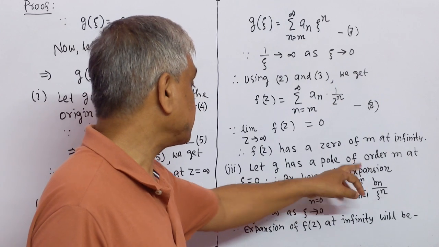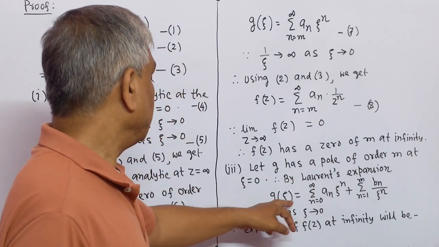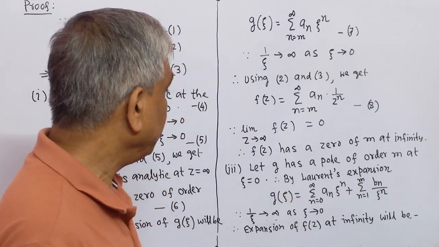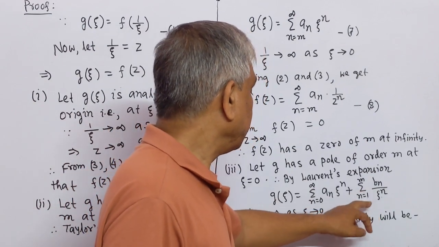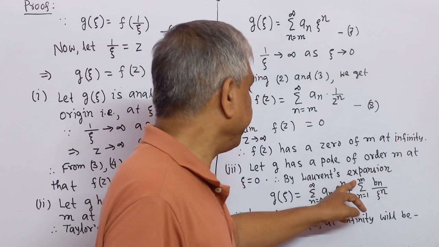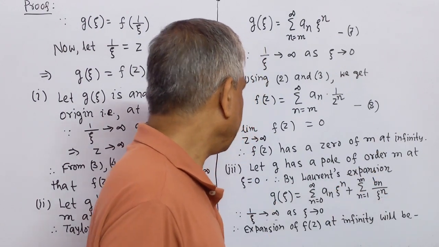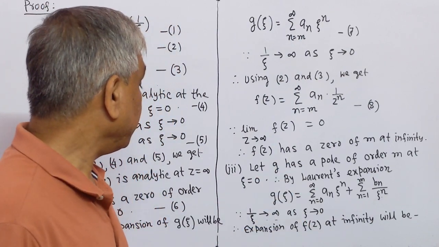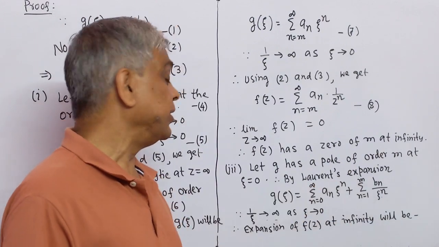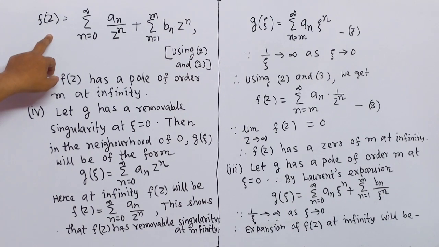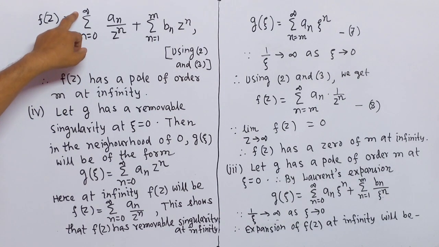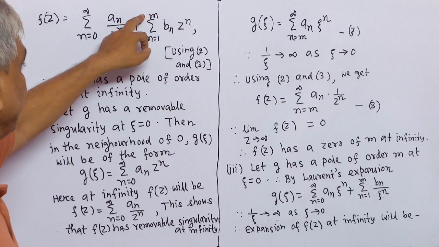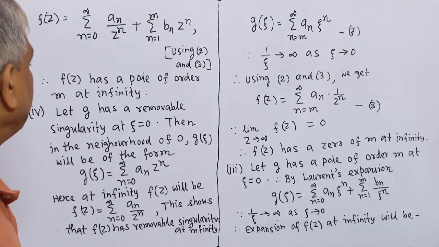Therefore, by Laurent expansion, g(ξ) will be equal to sigma n equal to 0 to infinity a_n ξ^n plus the principal part, sigma n equal to 1 to m b_n / ξ^n. Since 1/ξ tends to infinity as ξ tends to 0, the expansion of f(z) at infinity will be f(z) = sigma n equal to 0 to infinity a_n / z^n plus sigma n equal to 1 to m b_n z^n.